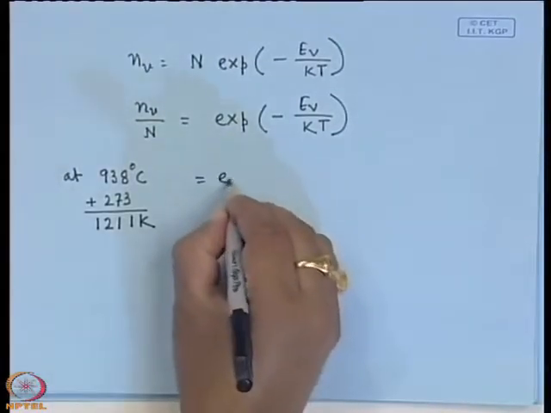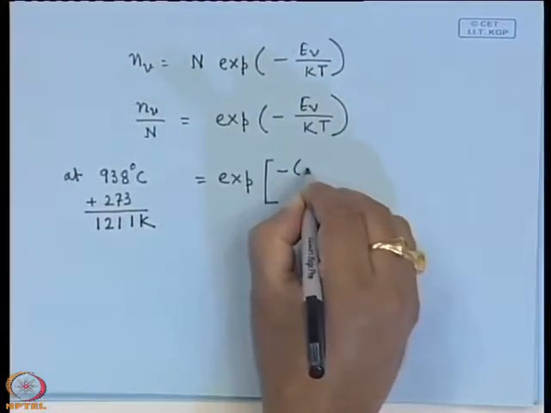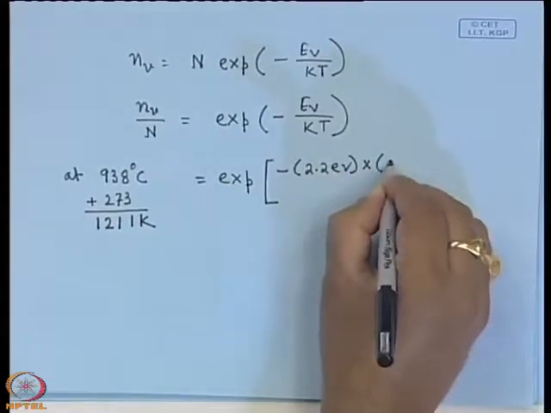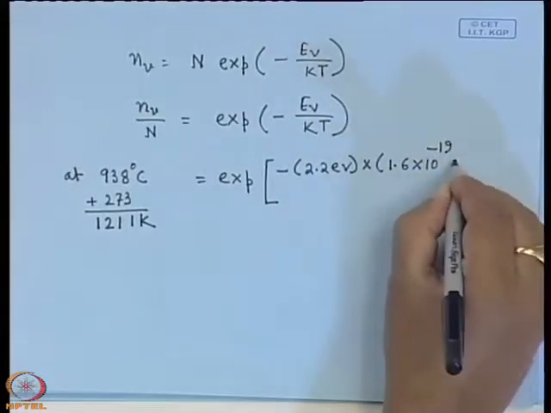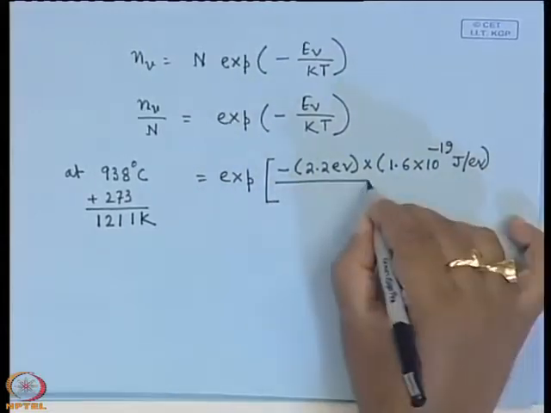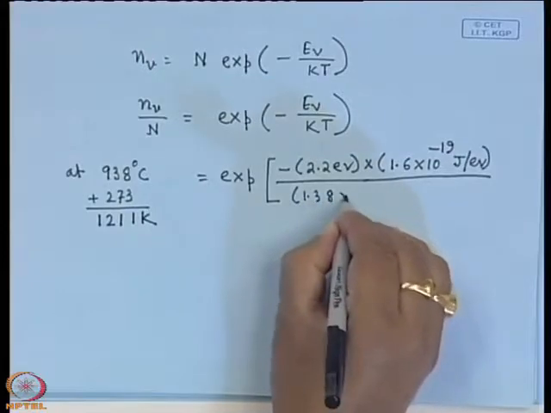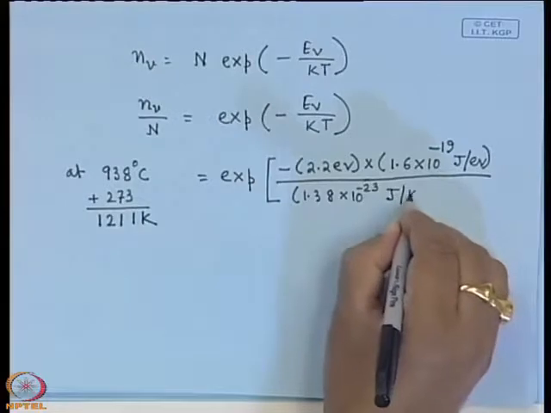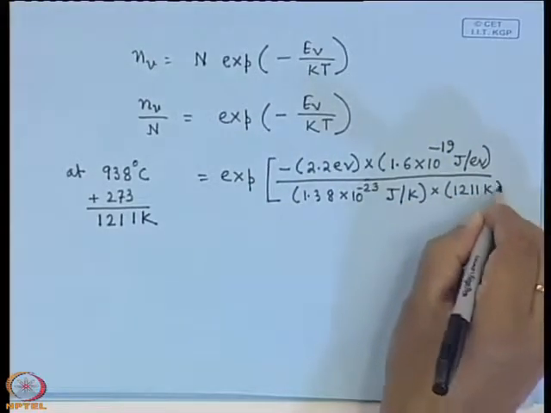It will be exponential minus 2.2 electron volt multiplied by 1.6 into 10 to the power minus 19 joule per electron volt, by k, which is 1.38 into 10 to the power minus 23 joule per Kelvin, multiplied by 1211 Kelvin.